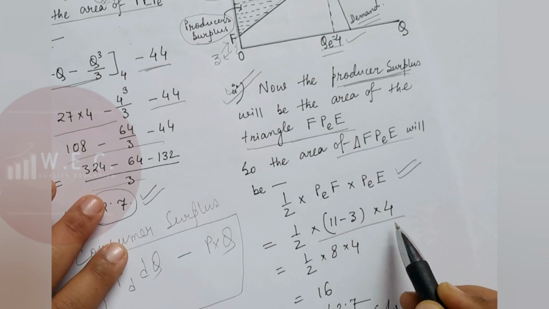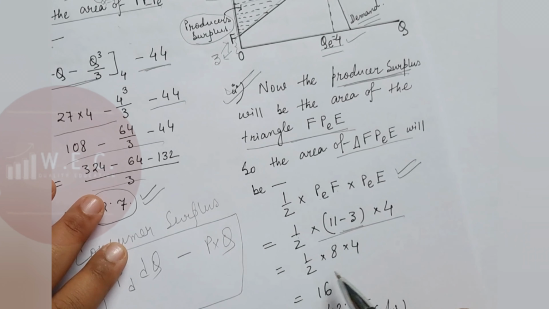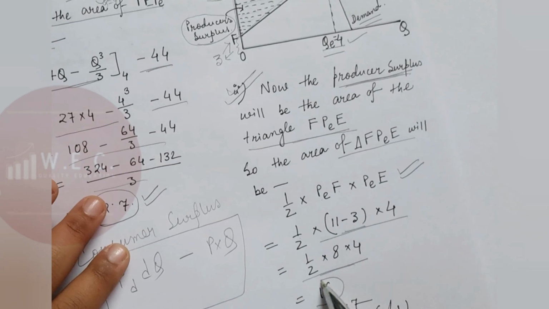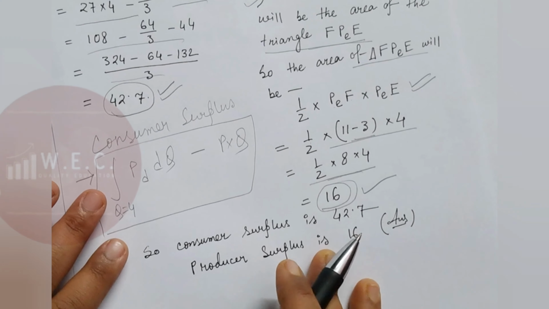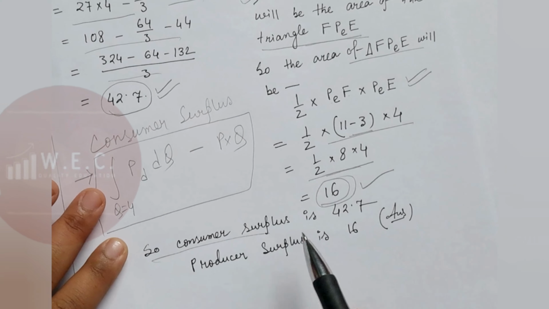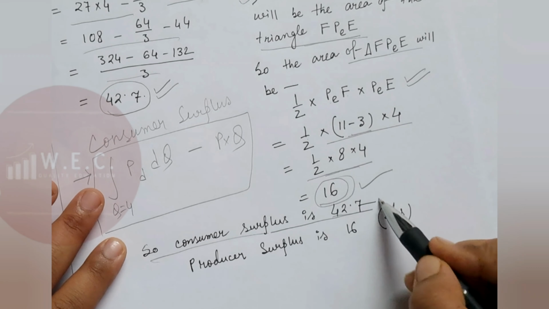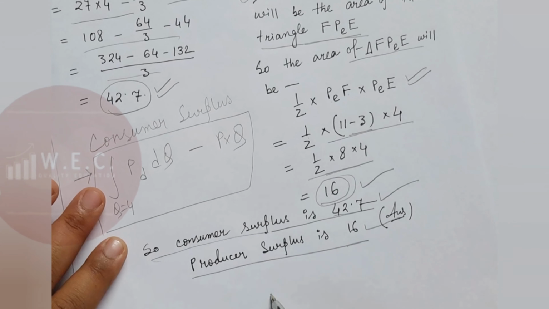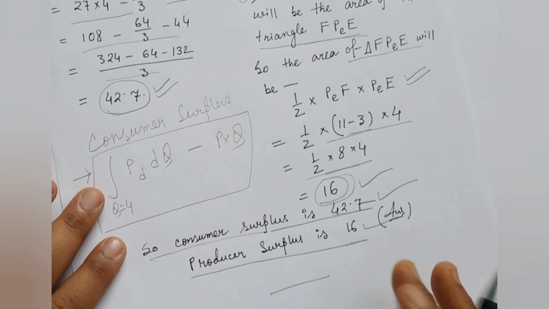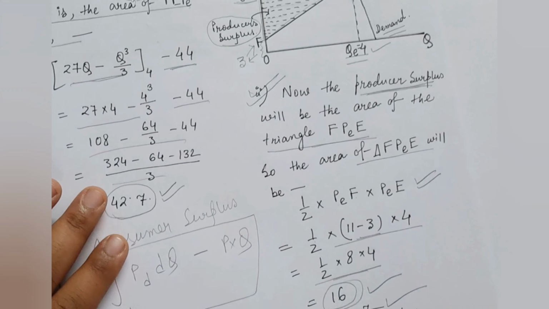Putting the values in place, we get the producer surplus equal to 16. You can see the derivation on the screen. Now let's summarize. Consumer surplus is 42.7 and producer surplus is 16.